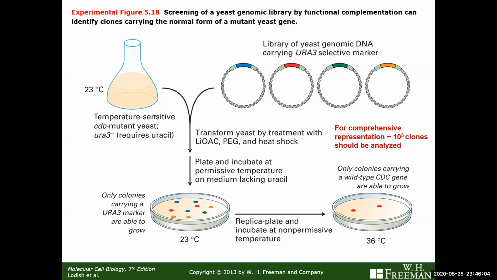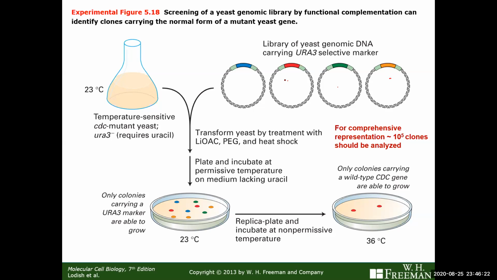Again, the same principle operates, that in every yeast cell, one and only one kind of plasmid can go in. That is depicted here, that the yeast cell that is transformed is either blue or red or green or orange, like these four colors.